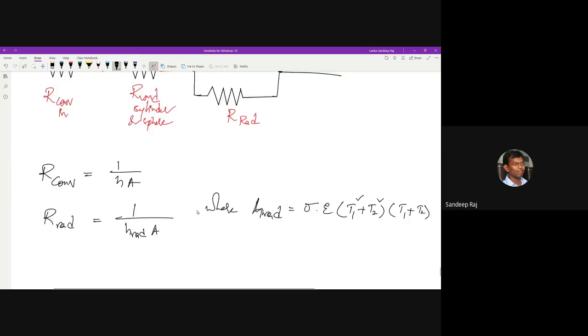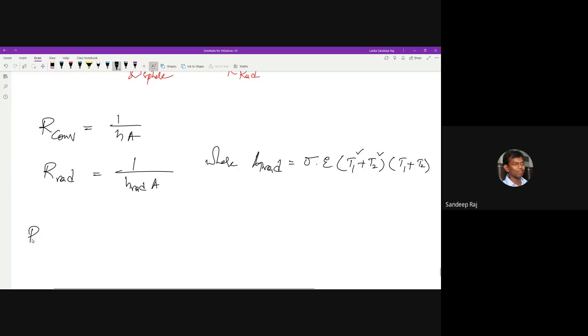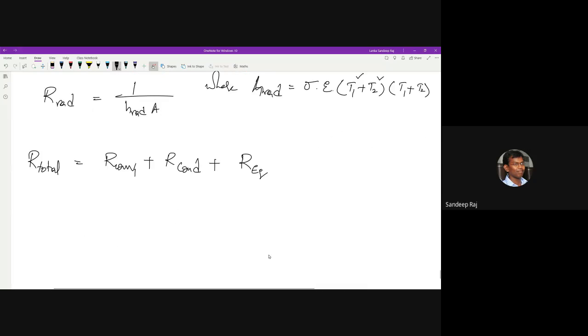And if you have to take the overall resistance, R total here, this will be R convection 1 plus R conduction plus R equivalent, where R equivalent is given by 1 by R equivalent is equal to 1 by R convection 2 plus 1 by R radiation.